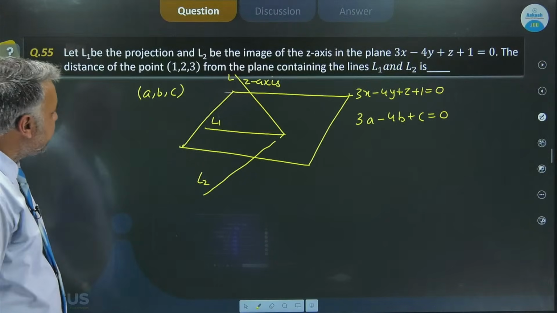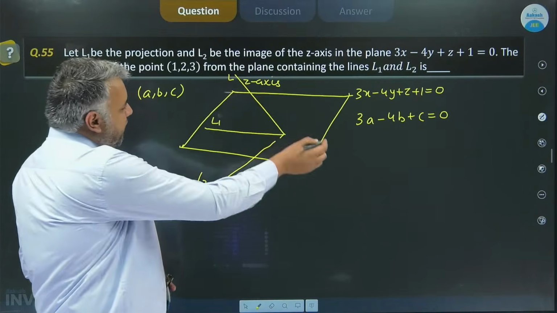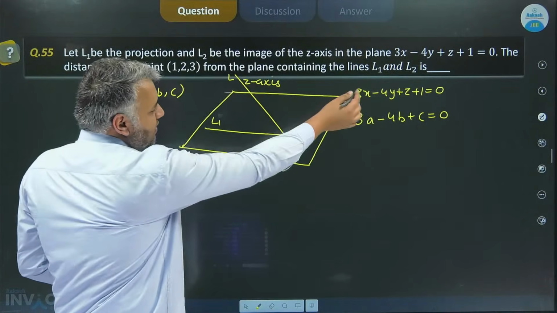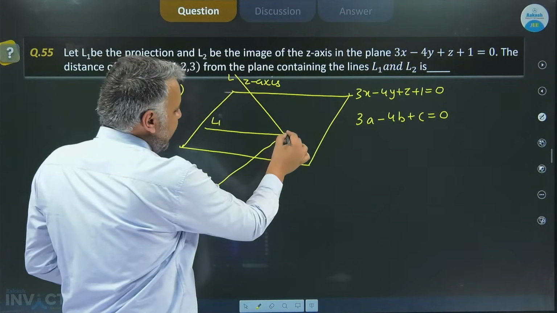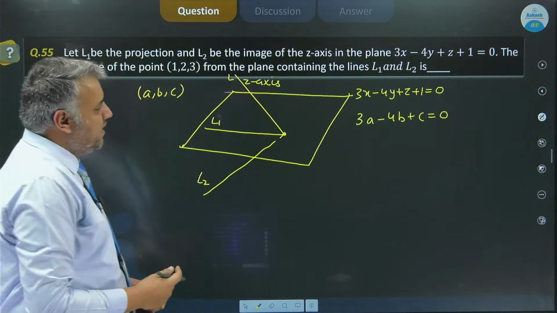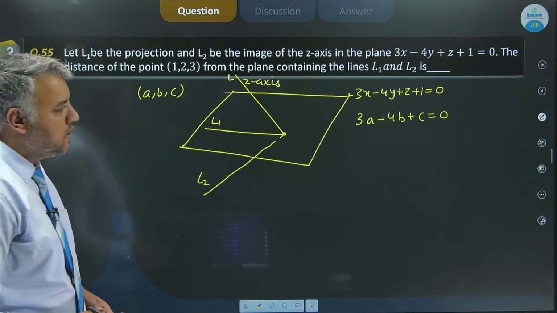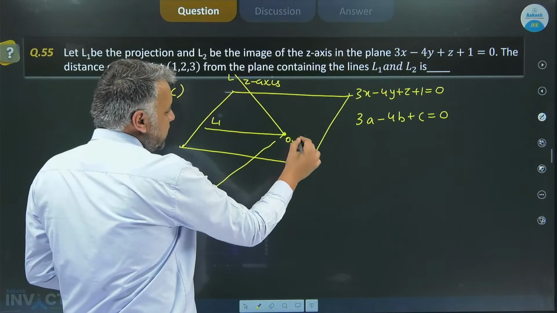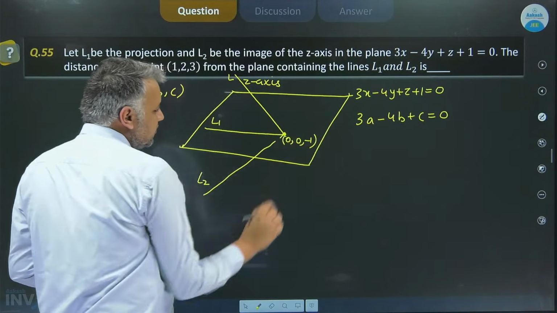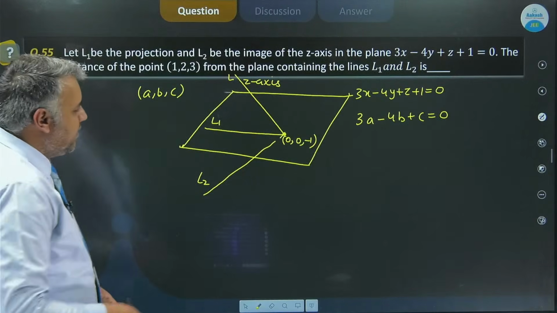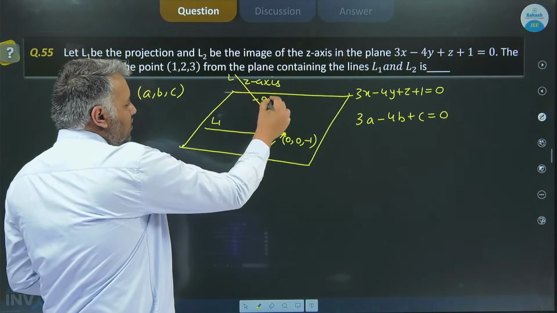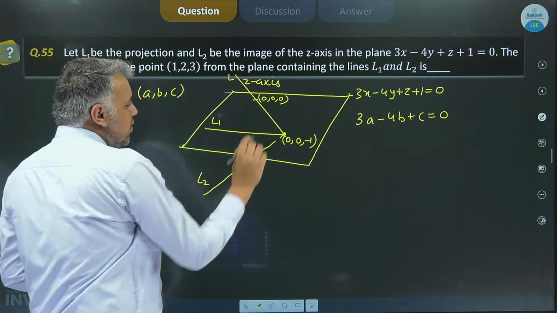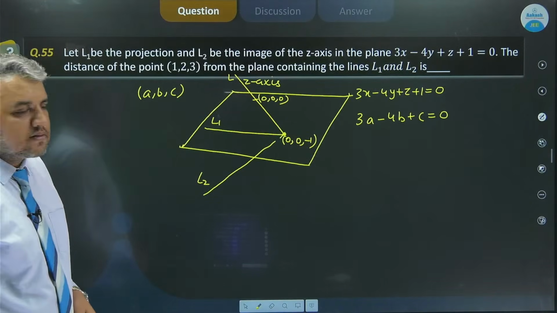The second, if I satisfy the Z axis with this given plane, the Z axis means x and y both are 0. So this point will be 0, 0, minus 1. And let's say there is a point 0, 0, 0. Obviously this will be on the Z axis.